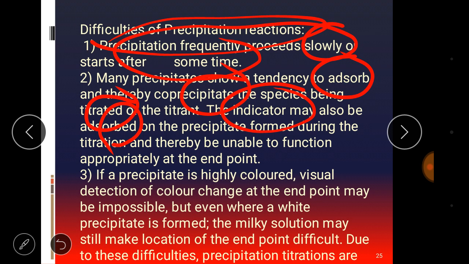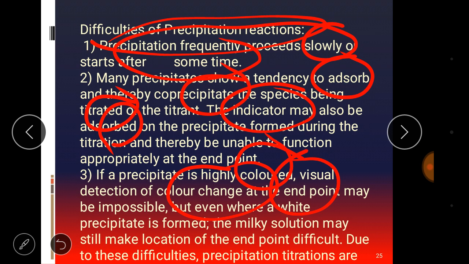The next difficulty we can come across is if a precipitate is highly colored. If the precipitate produced from that particular reaction has an intense color, then visual detection of the color change at the endpoint will be very difficult.